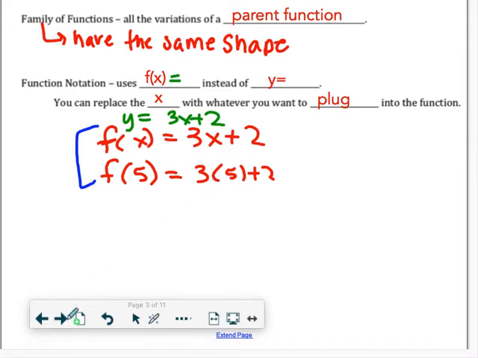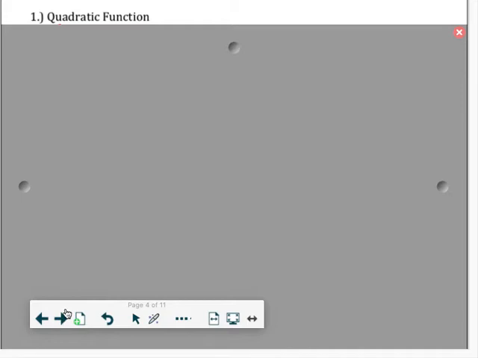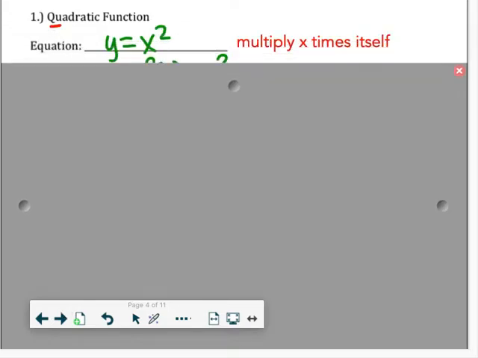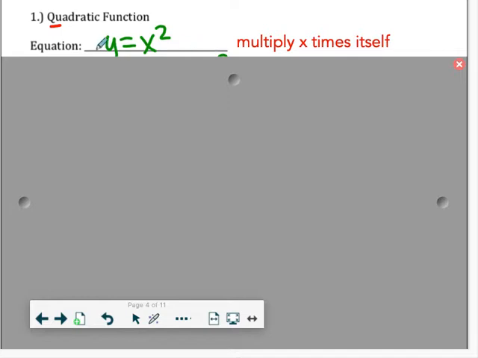Okay, so let's jump into our first parent equation here. And so that is the quadratic function. First of all, quadratic, the equation is y equals x squared. When you see y equals x squared, the mathematics that's happening in this equation is that you are taking x times itself.